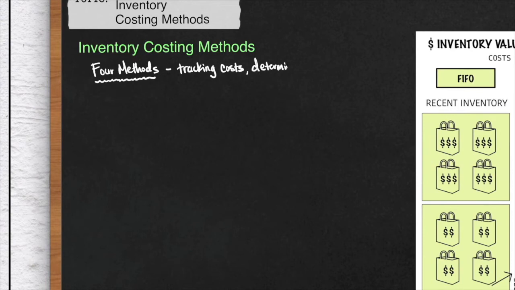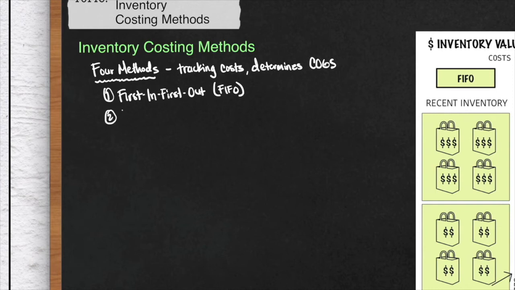All right, so usually there are four methods to track cost and to determine cost of goods sold. The first one is called first in, first out, abbreviated FIFO, where you sell the older inventory first. The second method is called last in, first out, or LIFO.